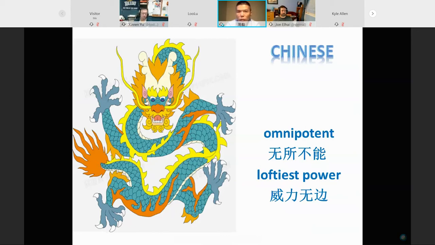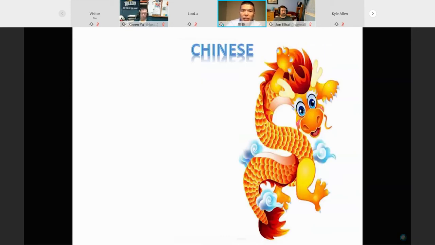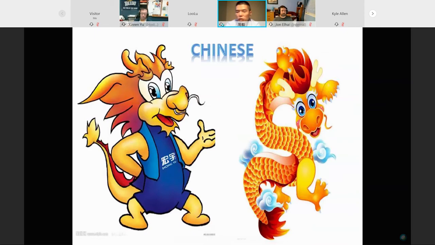Yeah, Western dragons can fly. Chinese dragons can fly too, but Western dragons fly because they have leathery wings. Chinese dragons can just fly without wings, just with their magic, with their power.